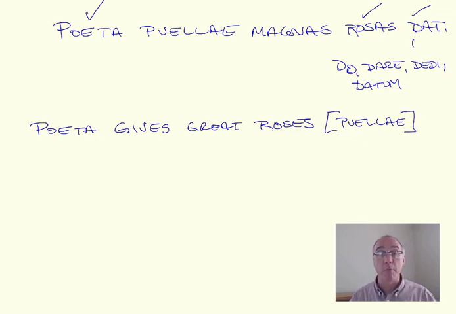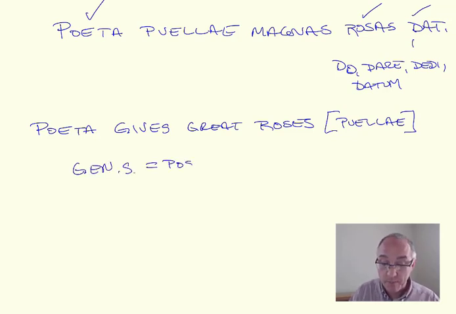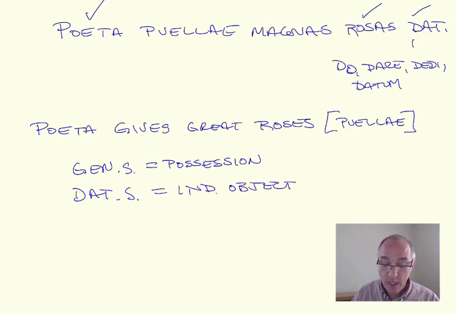What are our options for puellae from the other screen? Puellae can be genitive singular, and that's for possession. It could be dative singular, and that's for indirect object. And it could be nominative plural, and that's for the subject.